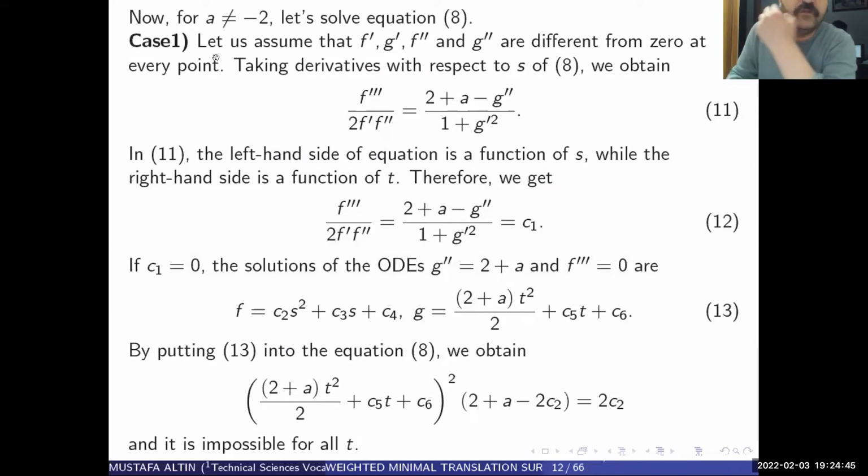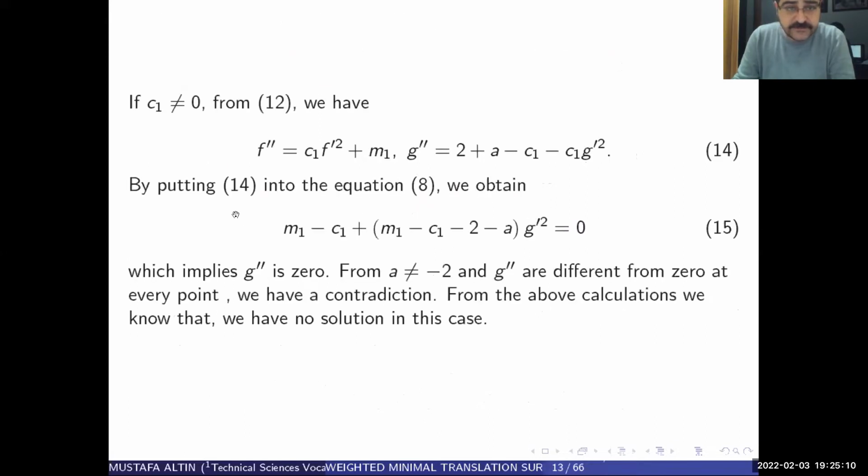Now for a not equal to minus 2, we have four cases. Case 1: the first and second derivatives of f, c, and g are different from 0. If we make the necessary calculation, we can see that we have no solution.